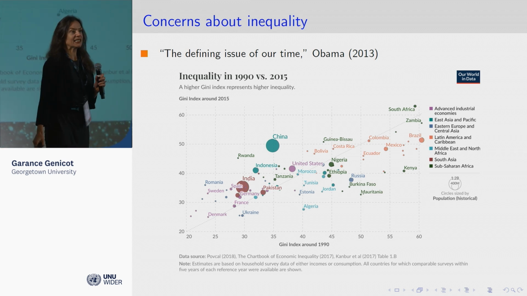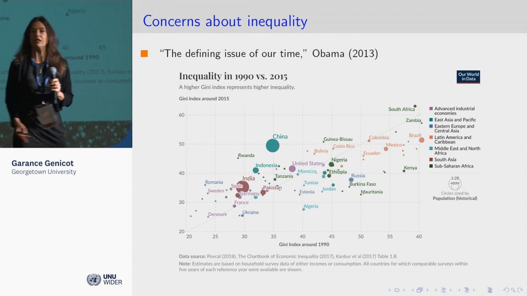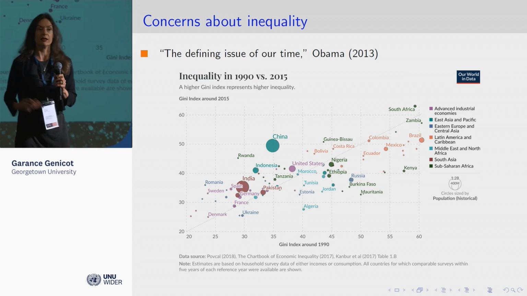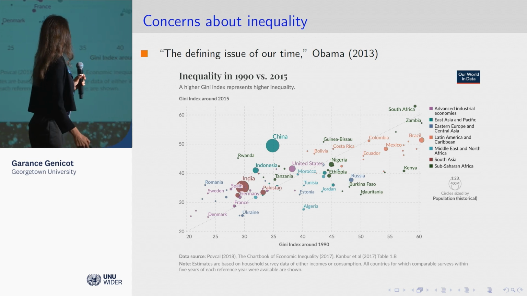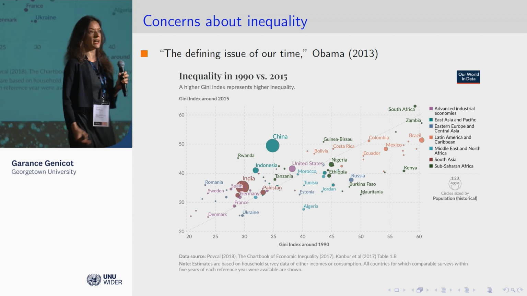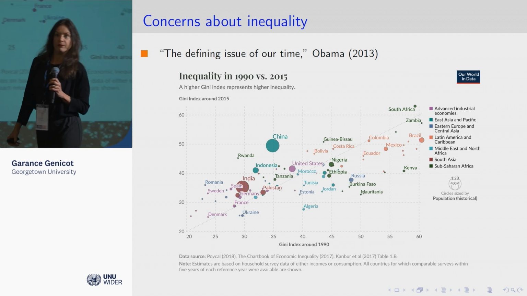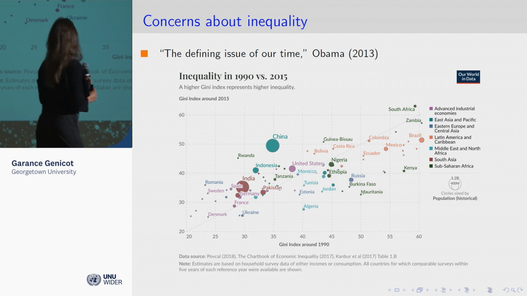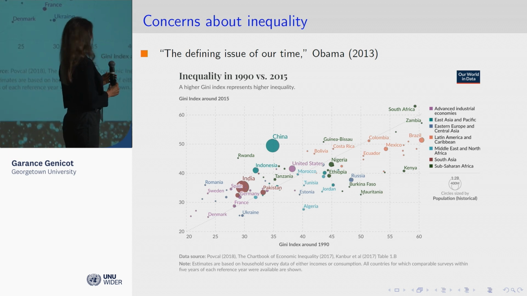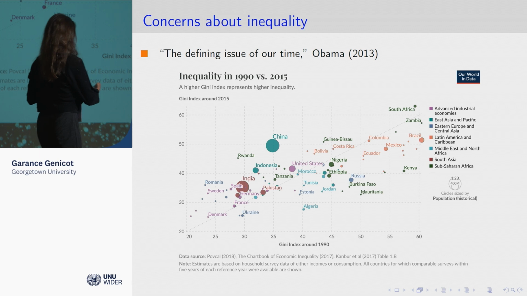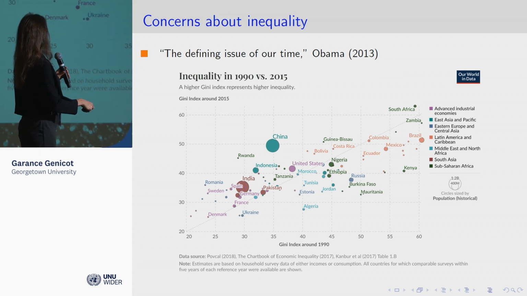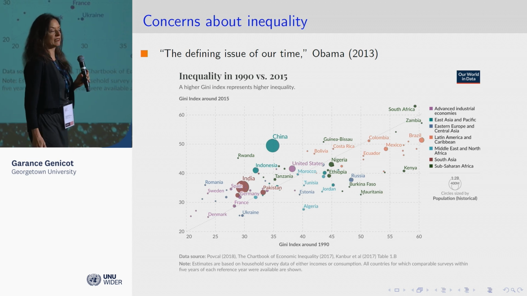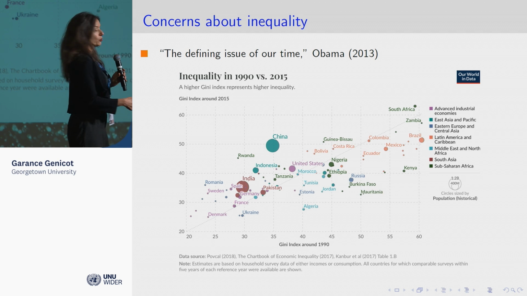So clearly I'm preaching to the choir, but there has been a lot of concern about inequality and the sensation, for many of us, especially living in the US or India or China, about rising inequality. However, as you can see on this graph, Povkal and Ravi Kambur plot the Gini index around 1990 and the Gini index around 2015.